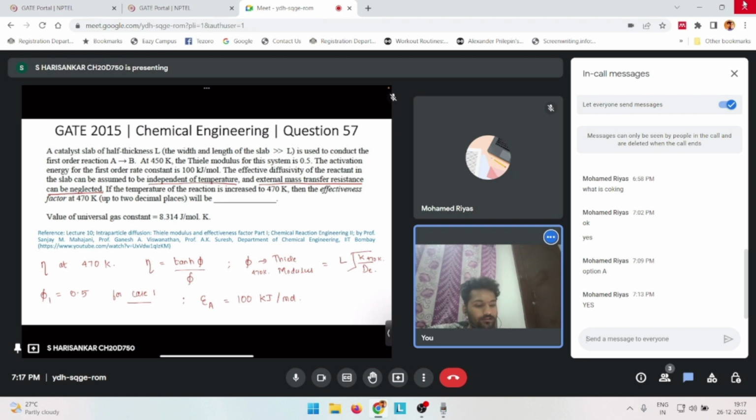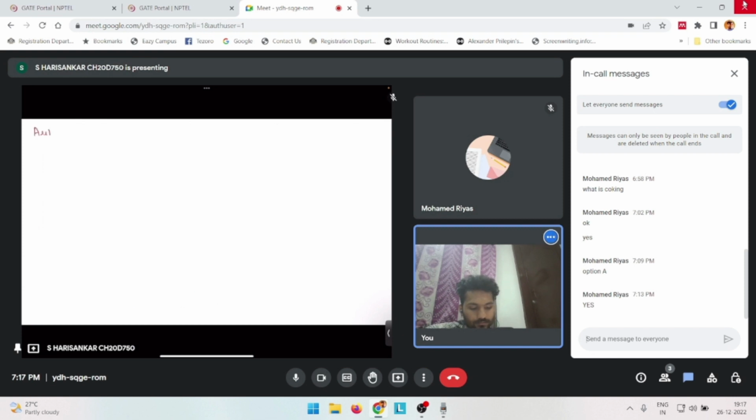So let us first start by using our Arrhenius equation. By the Arrhenius equation, ln k2 by k1 is equal to E by R into 1 by T1 minus 1 by T2. So here EA is given as 100 kilojoule per mole.